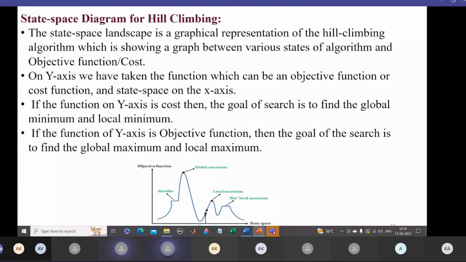And this is the state space diagram of the hill climbing. Okay. So it is somewhat some graphical representation of hill climbing, madam. Just a minute.